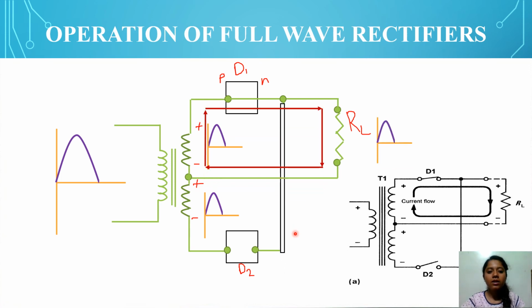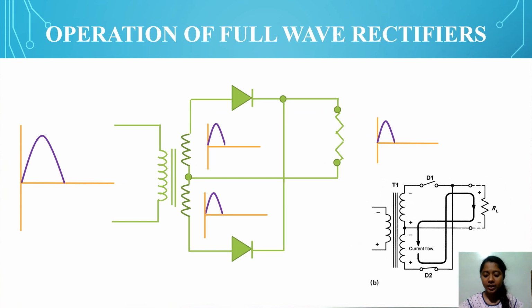This is the direction of the current that starts from the positive terminal and ends at the negative terminal. So this is how the current flows through diode 1 in the positive half cycle, and the output of the positive half cycle is also a positive output waveform. So let's move on to the negative half cycle.